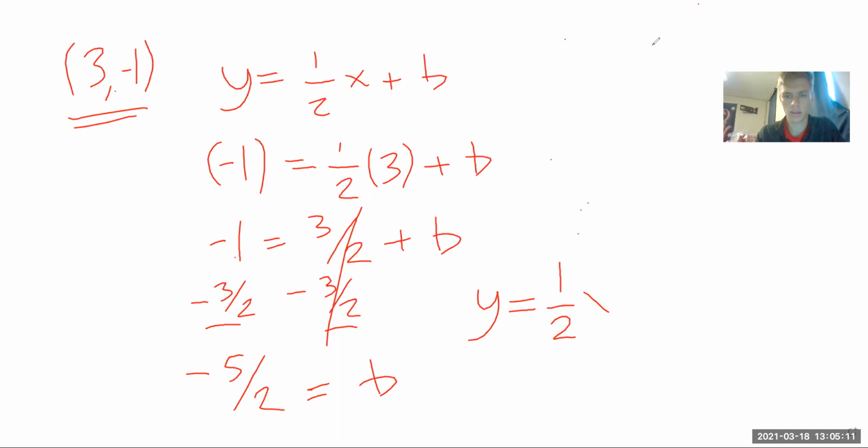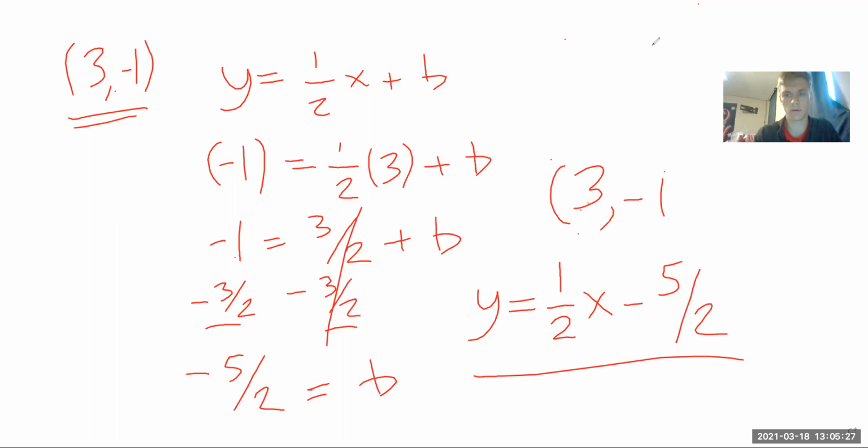That's our slope. X minus 5/2, or plus minus 5/2. But that's the line that's parallel to our original equation, which was y equals 1/2 x plus 1, and also passing through the point 3, minus 1.